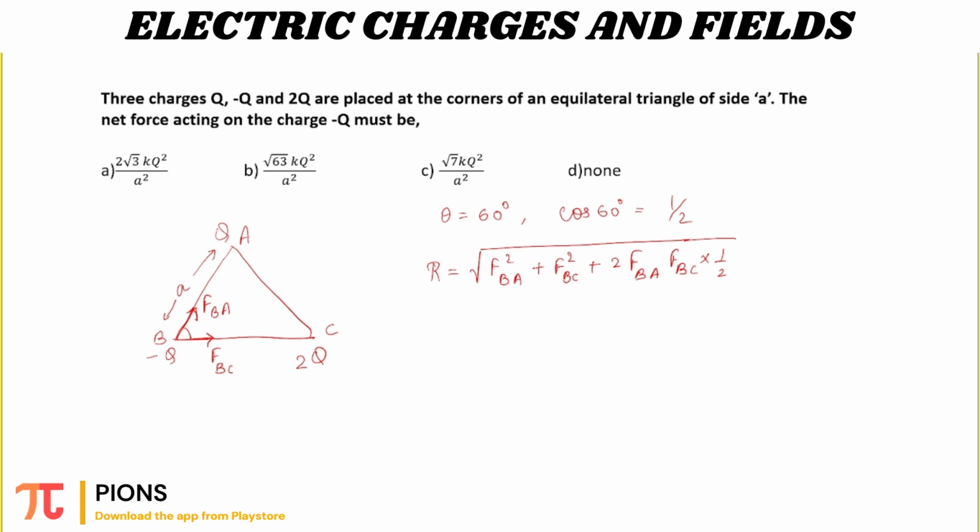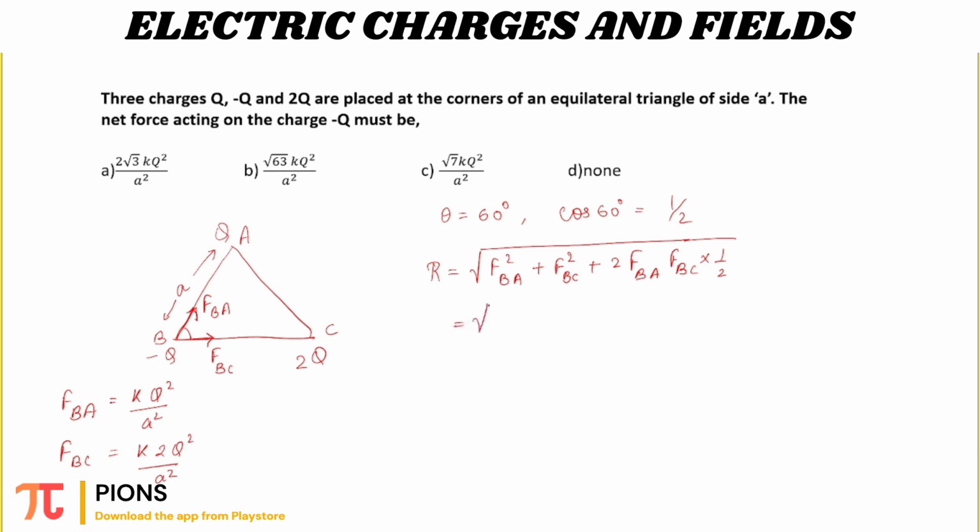So let's figure out what is the value of FBA and FBC. So let me just write it over here. FBA will be, by Coulomb's law, K Q1 Q2, we will not take the negative sign, so KQ square by separation A square. Similarly, force on B due to C will be equal to K Q into 2Q, so that will be 2Q square upon A square.